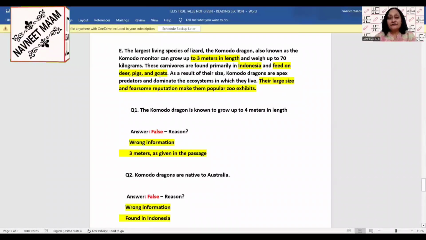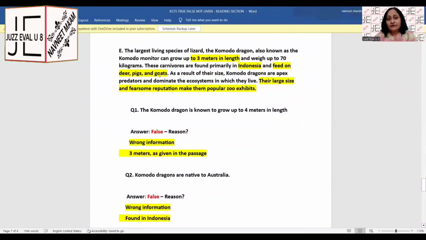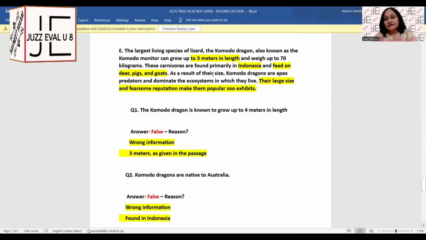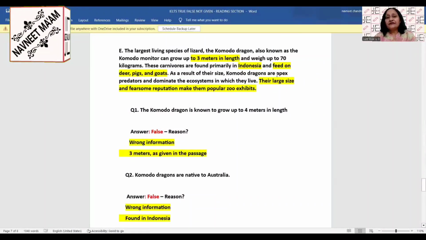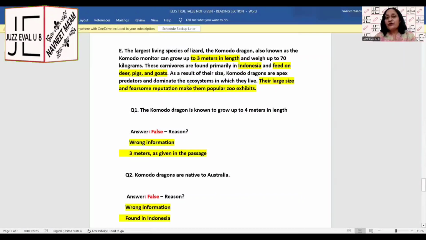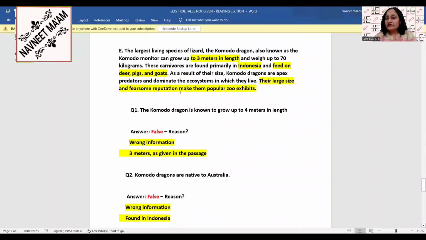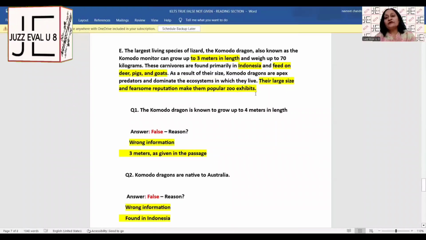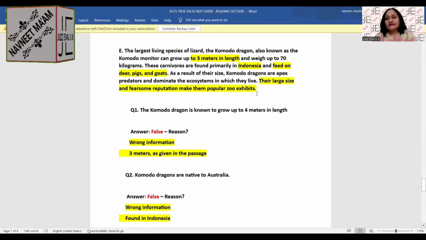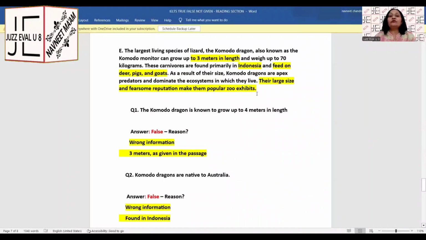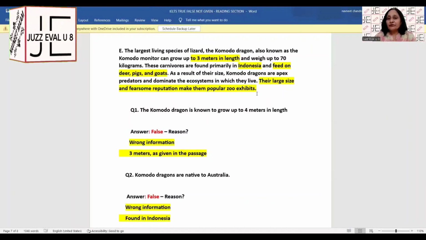That means they are carnivores. That is, to eat meat. As a result of their size, Komodo dragons are apex predators and dominate the ecosystems in which they live. Their large size and fearsome reputation make them popular zoo exhibits. That is, if they're kept in the zoo, people would like to come and look at them because of their large size.